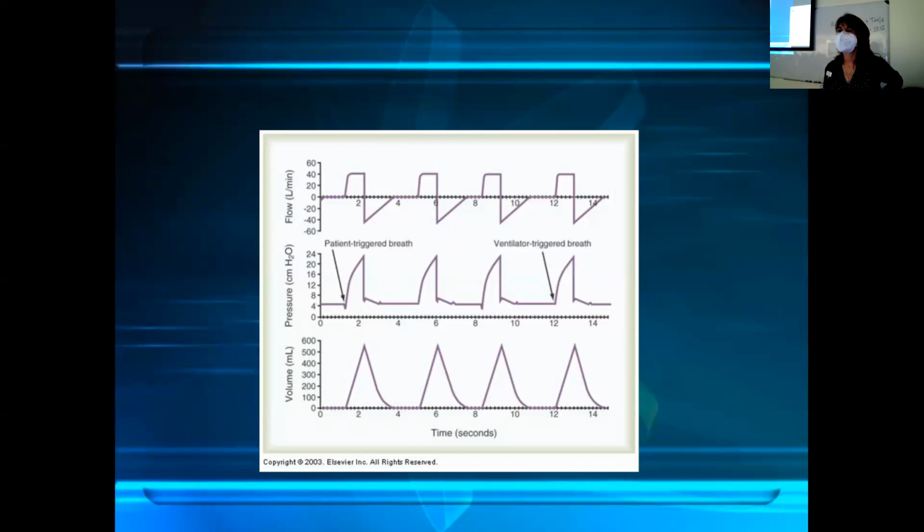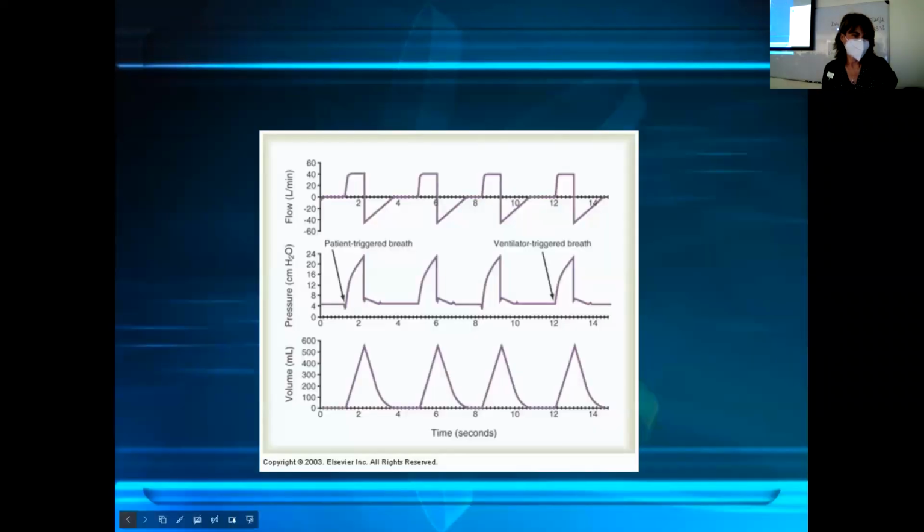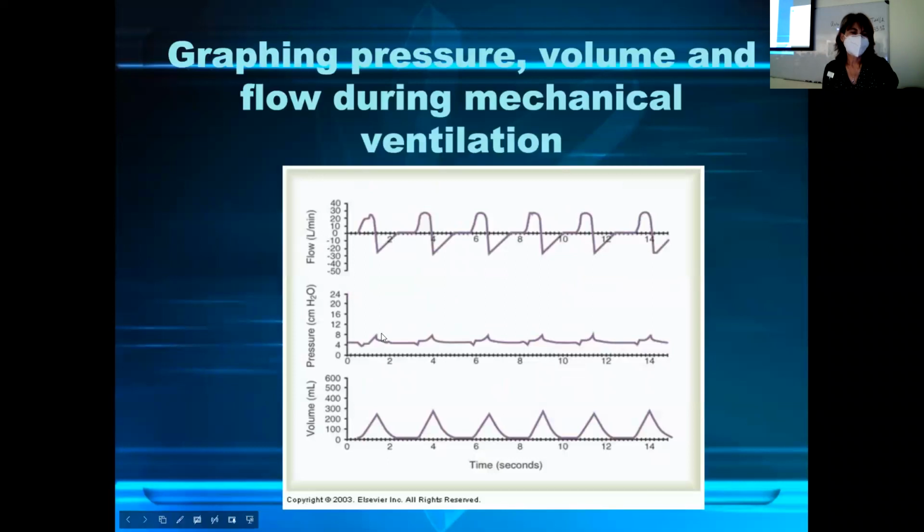Question? I have a question, but I was actually on the previous slide, on the pressure for spontaneous breathing, when you said you could tell because it goes a little bit negative. But on that graph, what's showing that it's negative? Because the flow has negatives in it, but the pressure doesn't show negatives, if that makes sense.